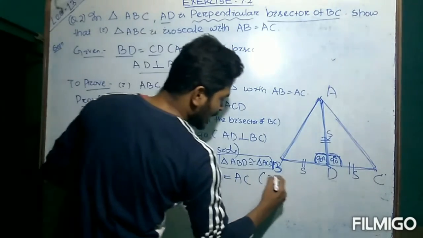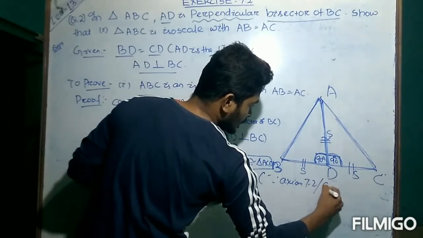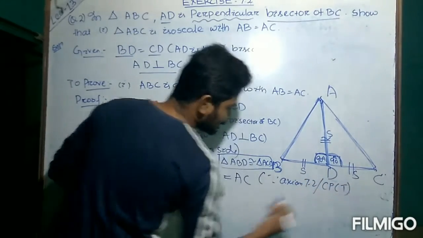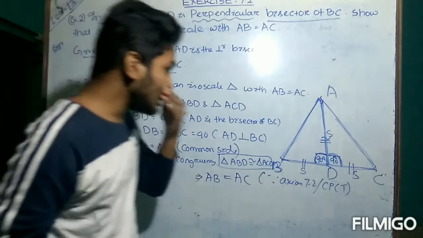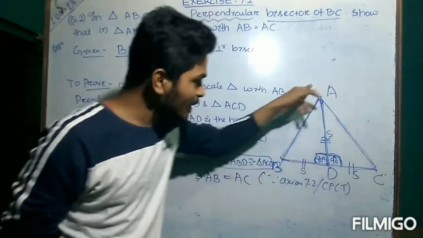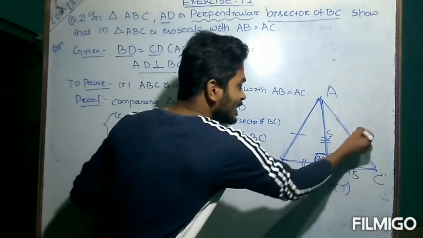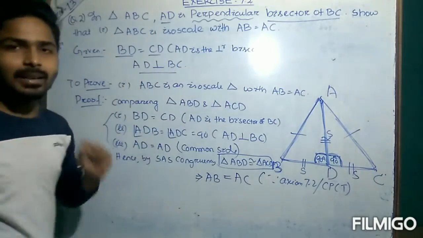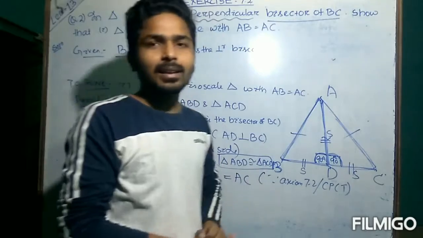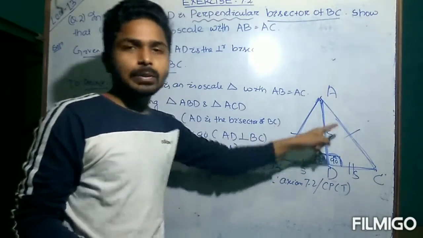So AB is equal to AC, hence by axiom 7.2 or CPCT. Clear? Now what do we find? We find in this triangle ABC, AB is equal to AC. We have found this side is equal to this side. It means it is a type of triangle in which two sides are equal. So it is a type of isosceles triangle.